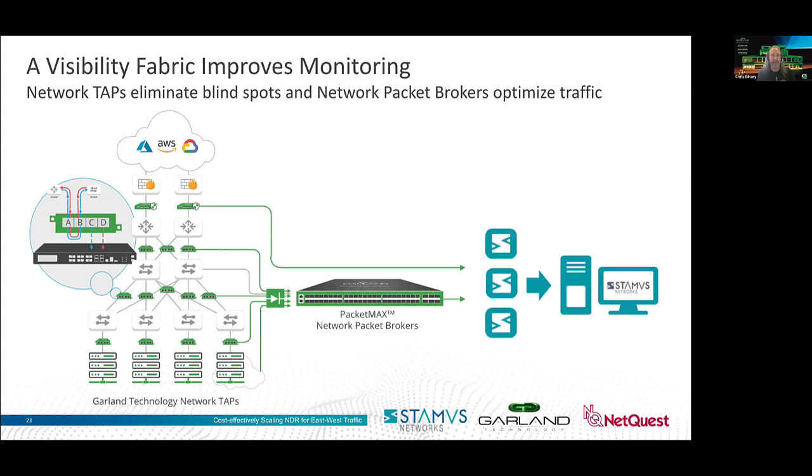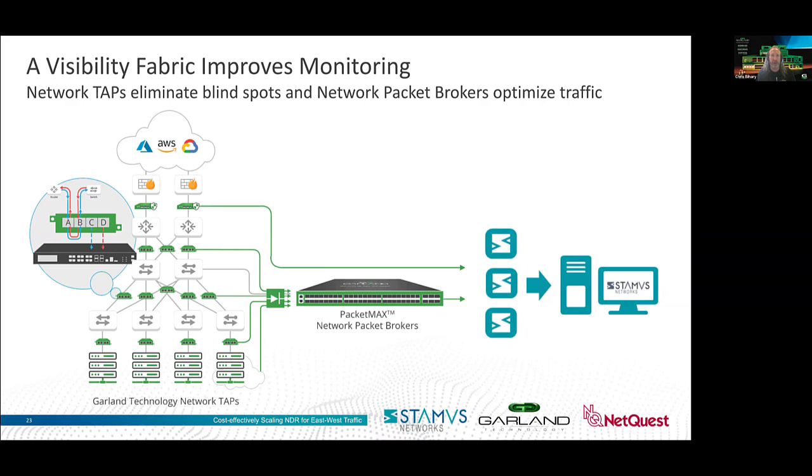So when you look at the architecture here for out-of-band monitoring that we're talking about today, with Stamus Networks and working along with NetQuest, we put in an infrastructure where, maybe today, you may have wiretaps at north-south, but really moving down to your east-west traffic, inserting permanent wiretaps.